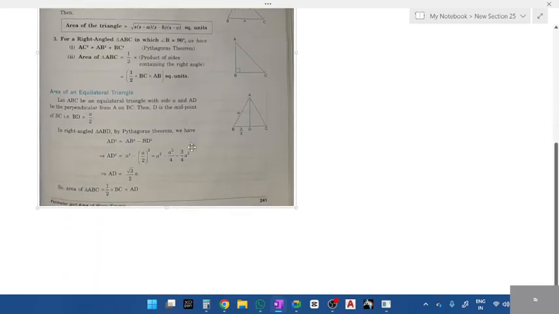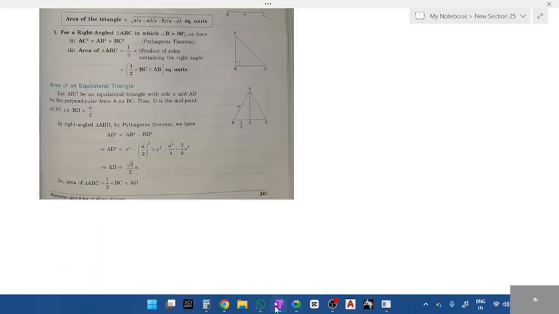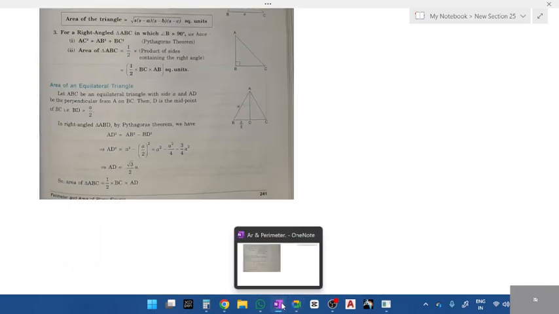Okay. Did you find these formulas in your textbook? Yes.